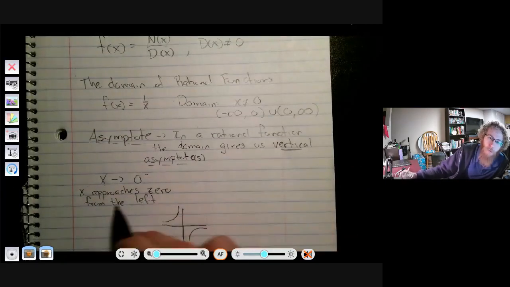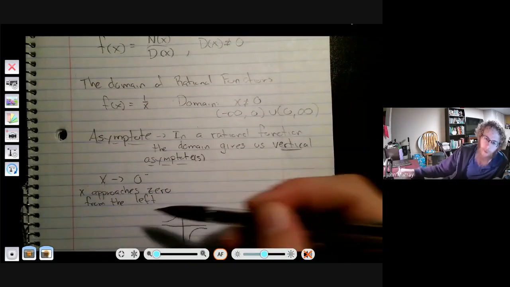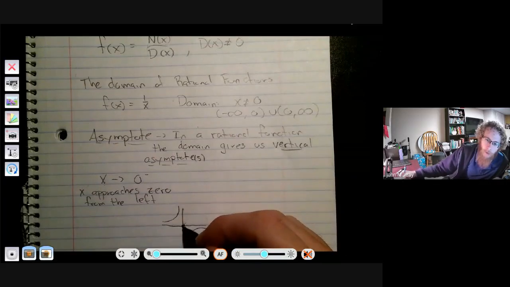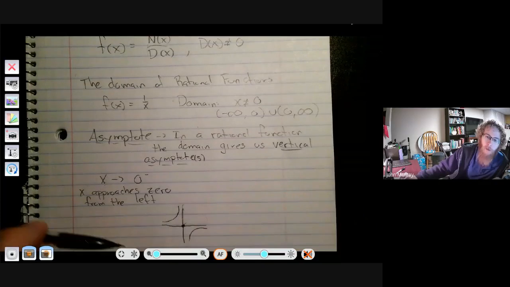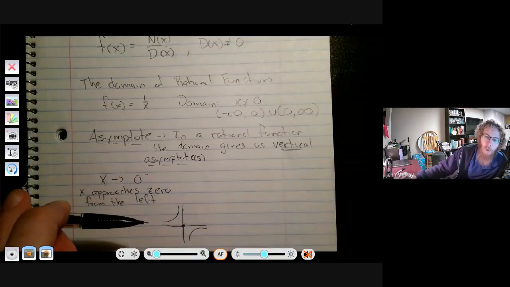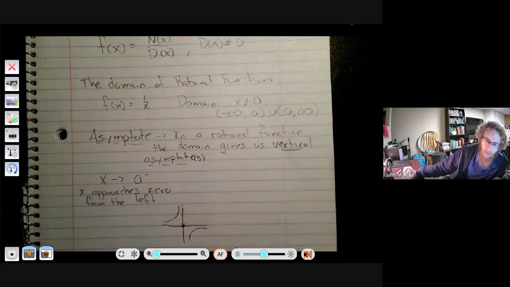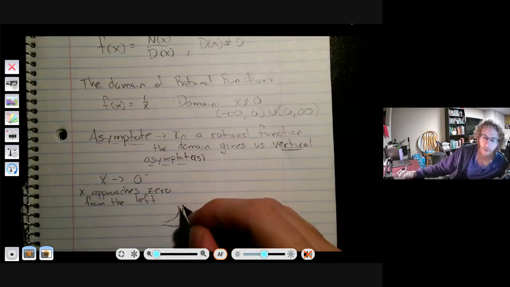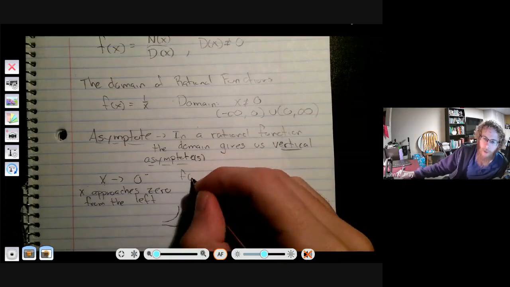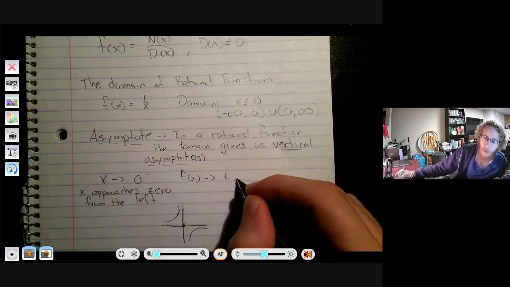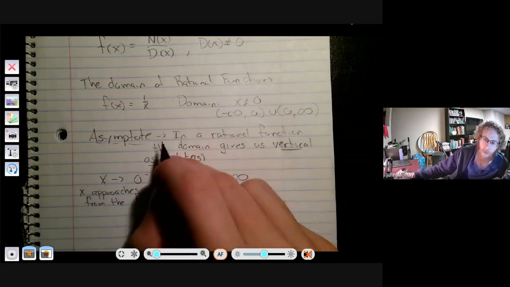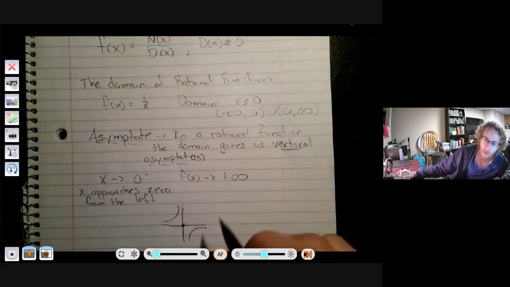So as x approaches 0 from the left, that doesn't mean I'm looking this way because it's on the left. I'm approaching 0. So here's my x equals 0. I'm approaching it from the left side. So I'm moving to the right from the left side. Okay, so in this case, as x approaches 0 from the left, my function f of x is approaching positive infinity. We're going up.